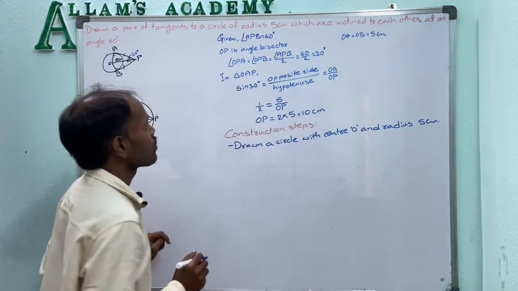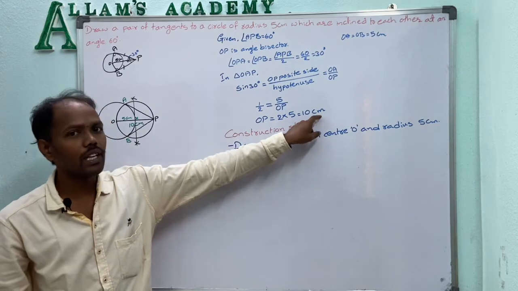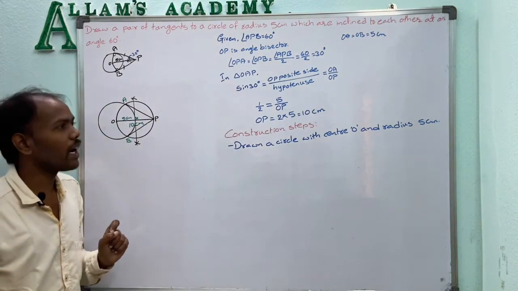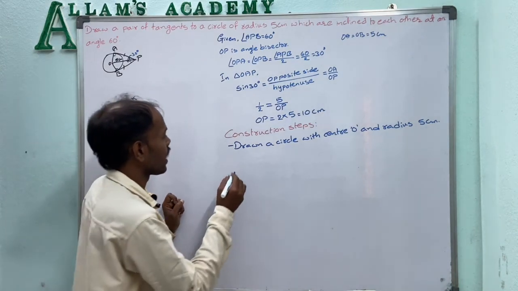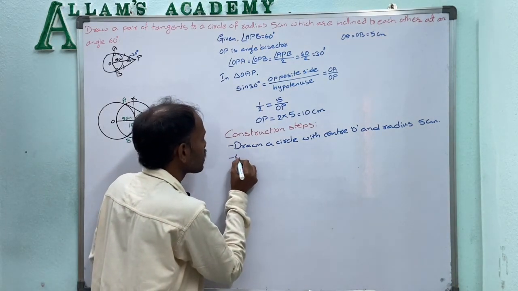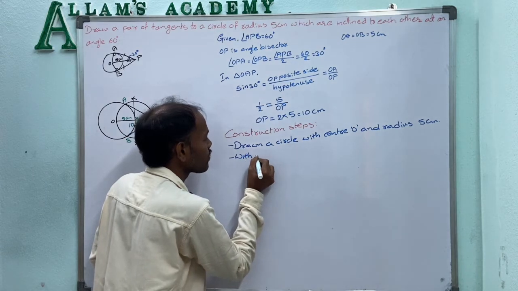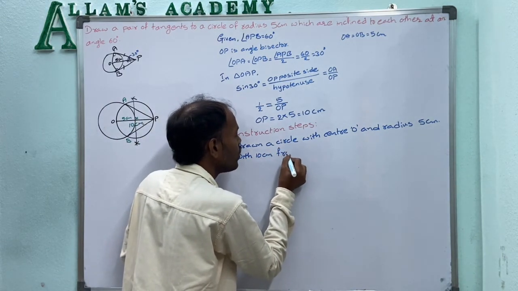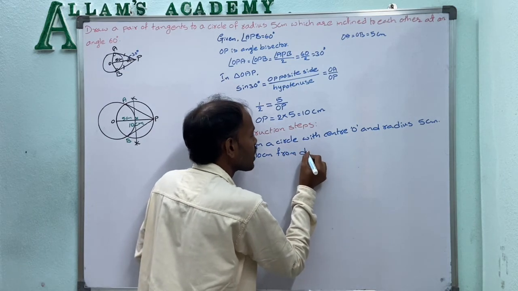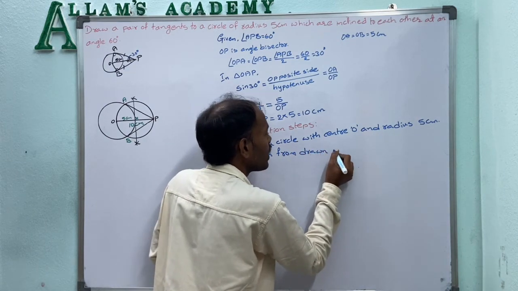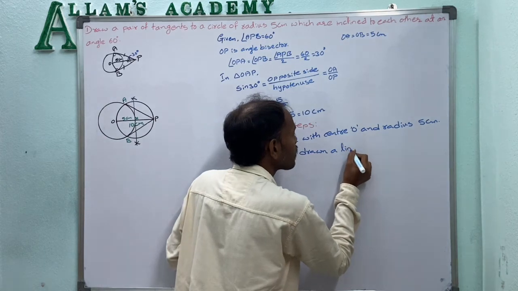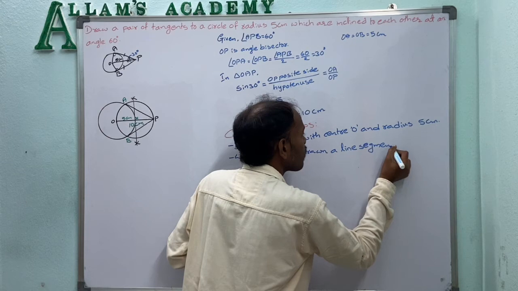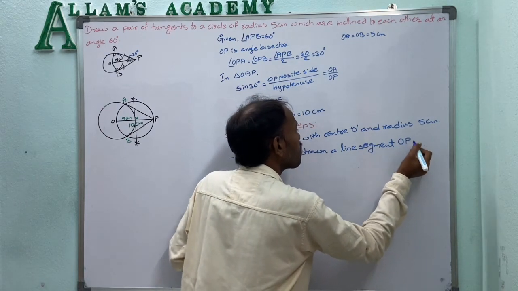Now we have OP equal to 10 centimeters, so from O draw a line segment OP of 10 centimeters.